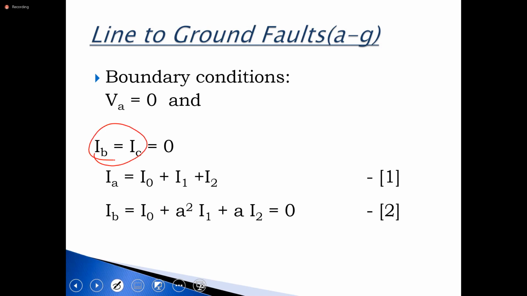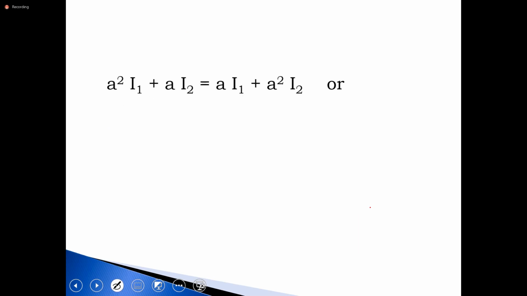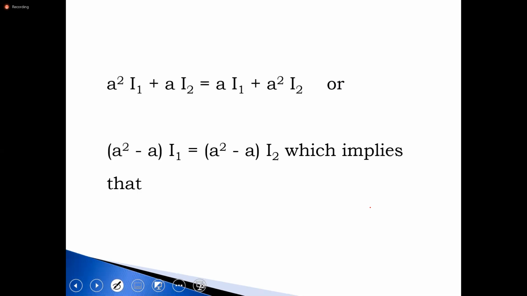Then what we are saying is that we are going to be equating these two equations. I'm left with that. Of course, the I0 would disappear. And if I rearrange and factorize, I will get A squared minus A times I1 and A squared minus A times I2.